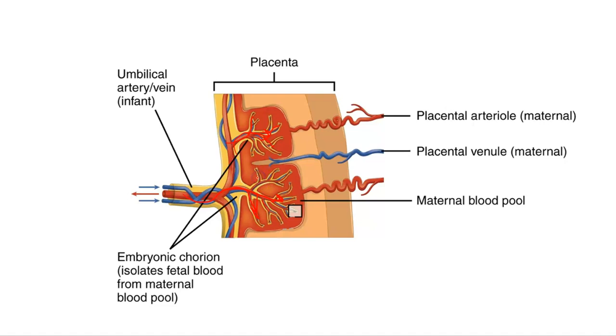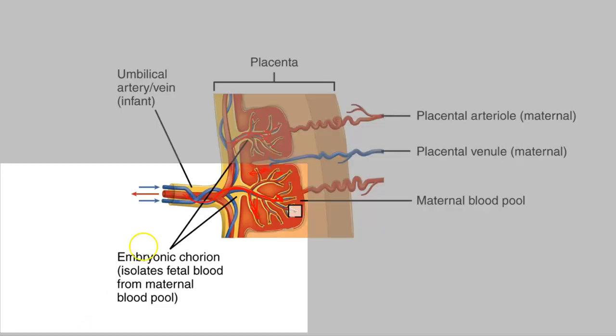It's sort of like a fluid exchanger, and oxygen can come out, CO2 can come in, glucose and things can diffuse in, all through diffusion, but mom's blood and the fetal blood are kept totally separate.